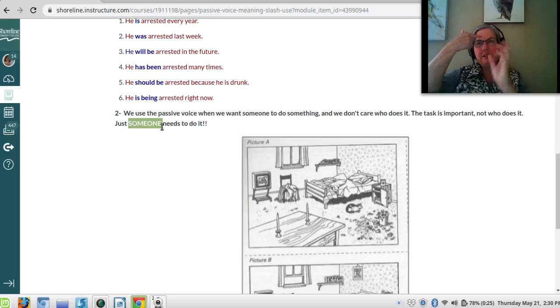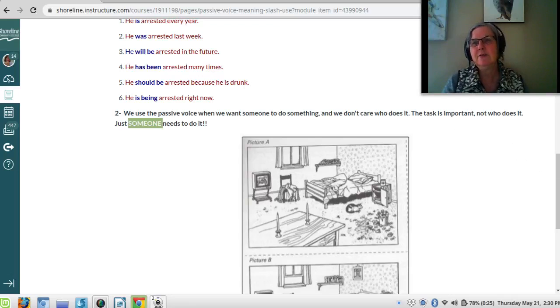Like, the police pulled me over, the doctor examined my heart. Then I'm going to use passive voice. I was pulled over, my heart was examined. But sometimes when I want help, I want someone or anyone to help me, I'm going to use passive voice. I don't care who does it.